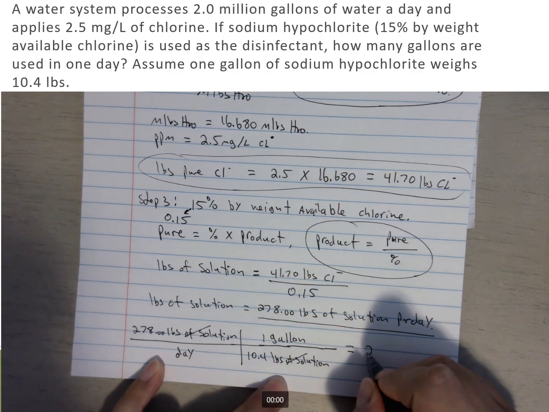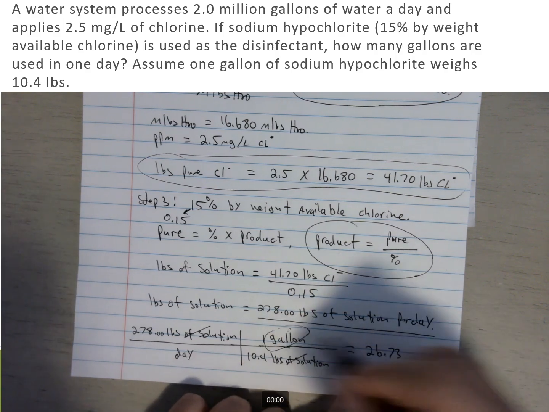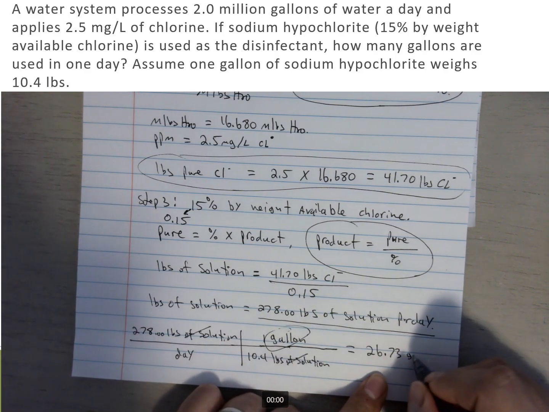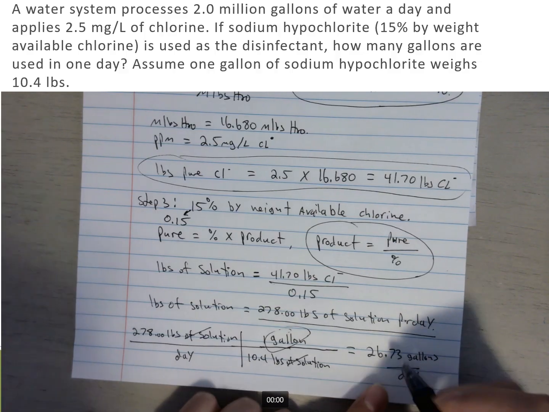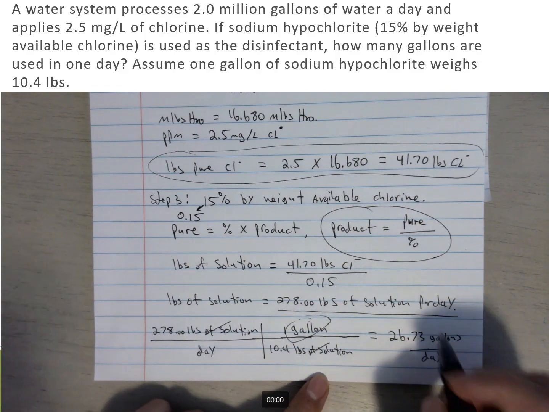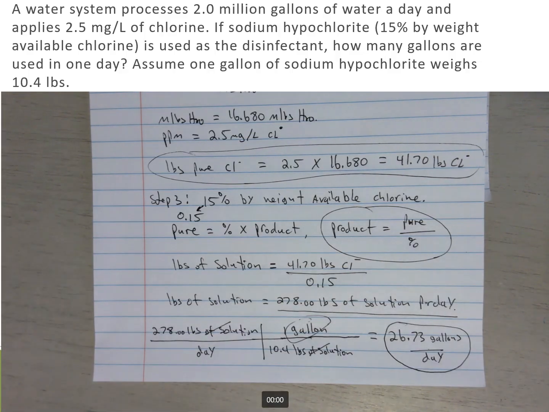That gives us 26.73 in units of gallons of solution, gallons per day. And that's our final answer. Gallons of sodium hypochlorite used per day.